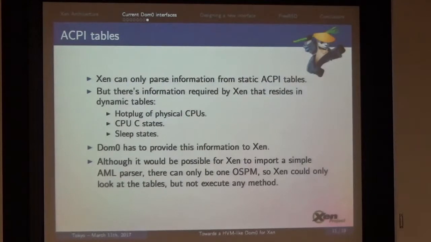And really, we don't need a very clever AML parser, because we only want to look at the tables, but we don't want to execute any methods from the tables or anything like that, because there can only be one entity that uses the methods on the tables, and that needs to be DOM0. It cannot be Xen. So while we are still considering it, we are still trying to see how much it will simplify the architecture to include a simple AML parser into Xen in order to fetch all this basic information, so that we don't need DOM0 to send this information into Xen.